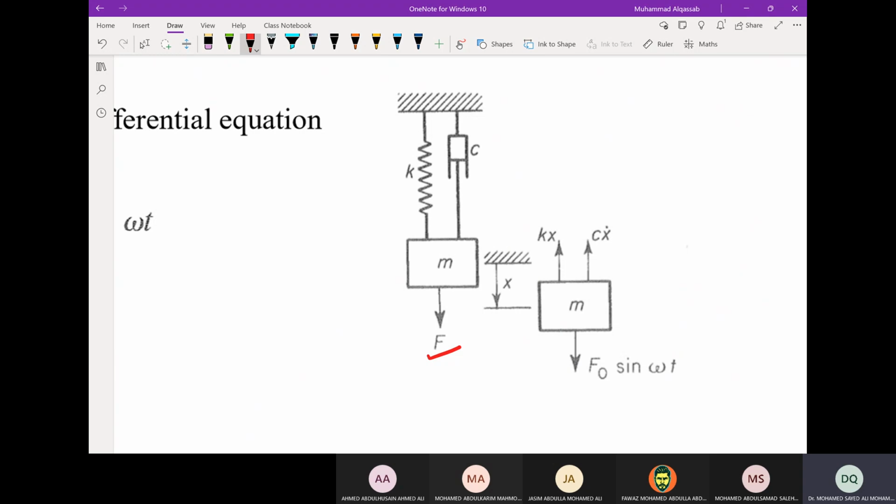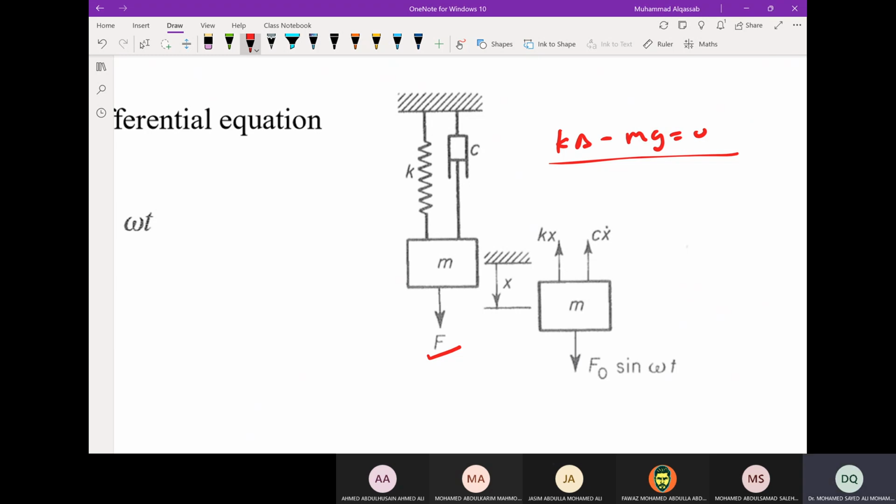In the free body diagram, this is arranged vertically, so we don't need to put the weight, because this is the additional force, Kx. There is Kx plus delta, and delta is not added here because mg is removed. They cancel each other. So k delta minus mg equals 0. This is the equilibrium that is used.